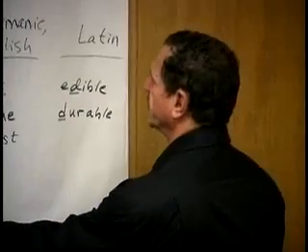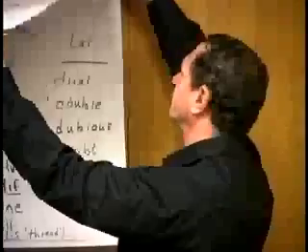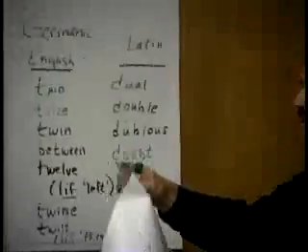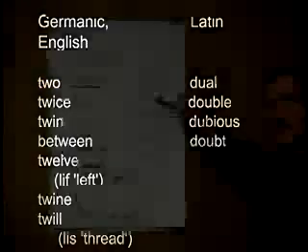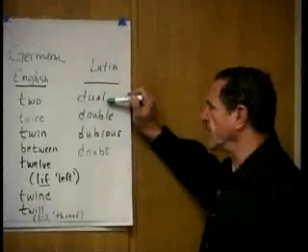Let's look at some more examples of sound correspondences. These again involve T in the part of the vocabulary that derives from Germanic and D in the part of the vocabulary that derives from Latin. So in English we have the word two, which comes from a Germanic source, and that is related to the root du, du, of dual and duet, words of that sort.